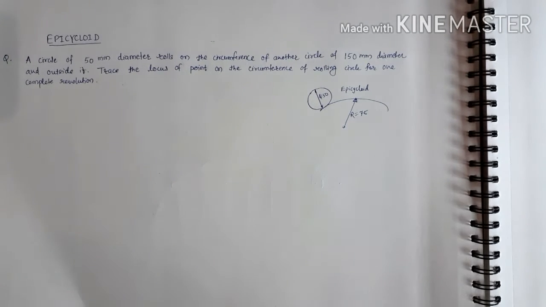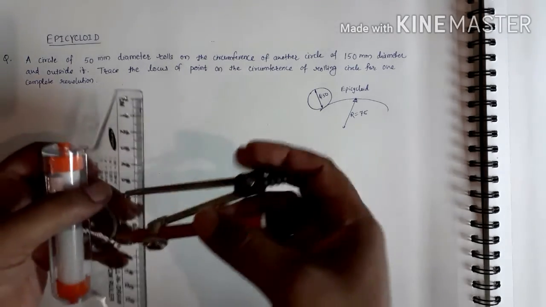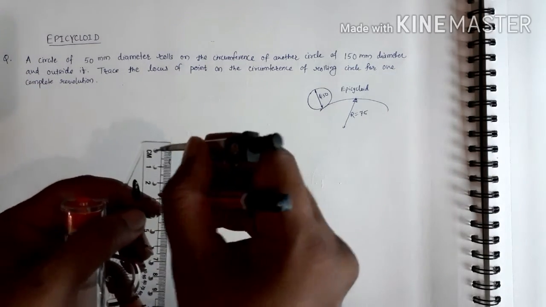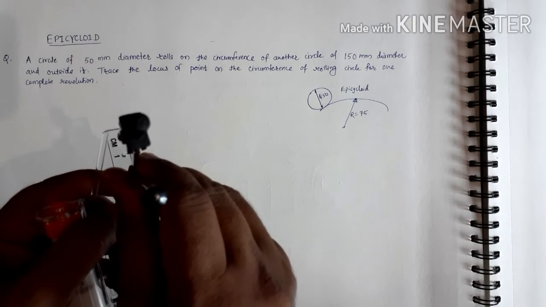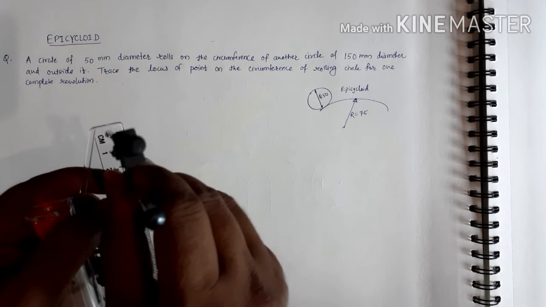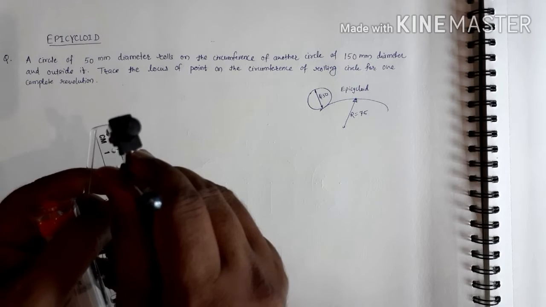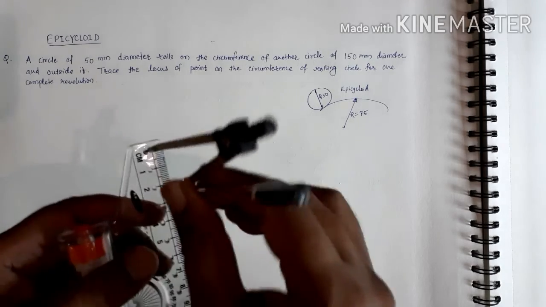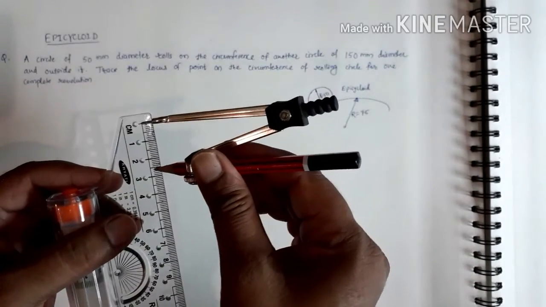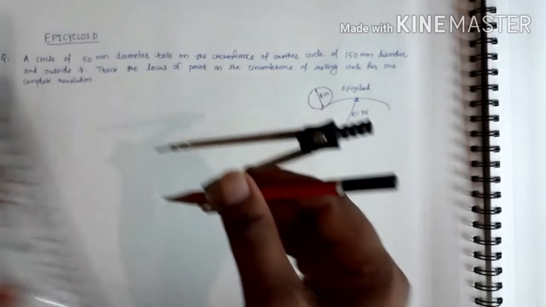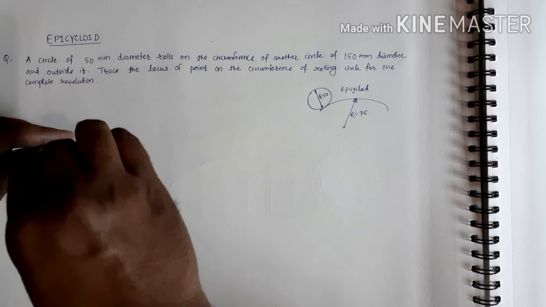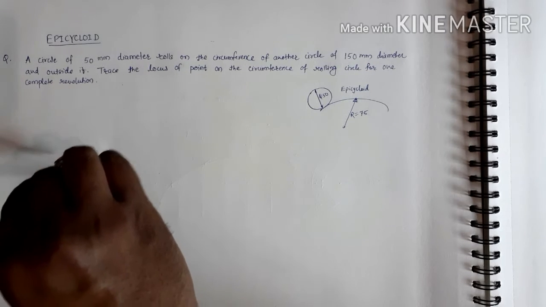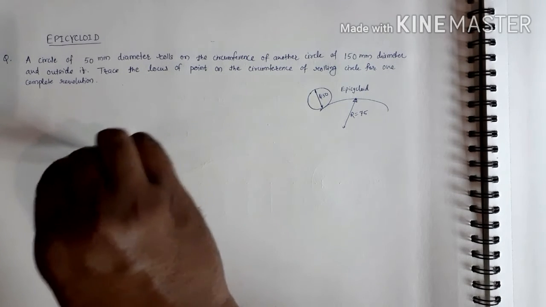Now for drawing the epicycloid, we need to draw the first circle of 50 mm diameter. So take a distance of 25 mm in the compass, that is 2.5 centimeters, and draw a circle of 50 mm diameter.